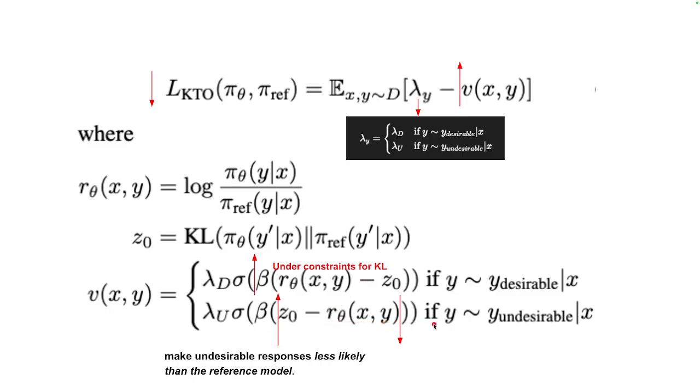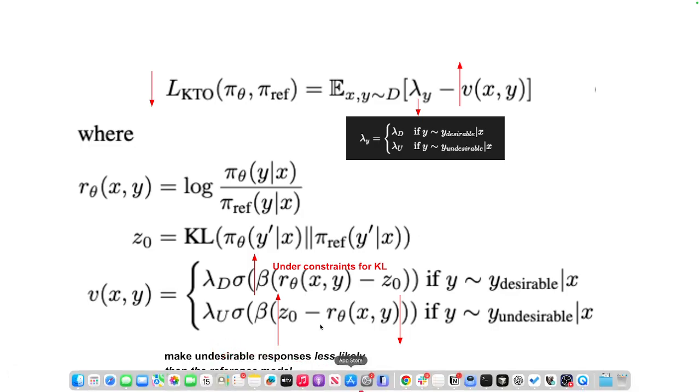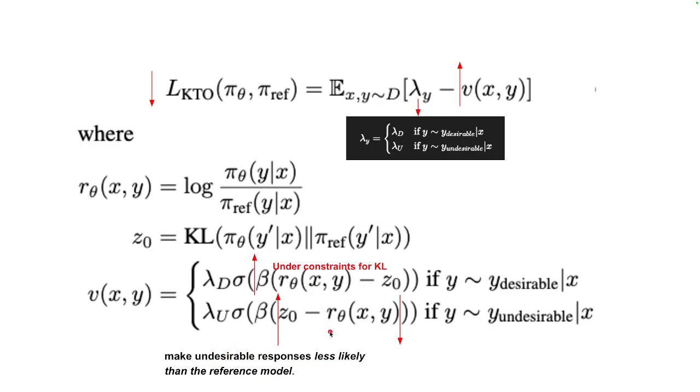But if the value is undesirable, you can see it's flipped: here z naught is without a negative sign and the reward is with a negative sign. So to increase the value, you need to reduce this r theta(x, y), which makes sense. You need to reduce the log probs of your undesirable outputs. And also we need to increase the KL divergence. Suppose our reference model produces a bad response with a really high log prob for that bad response.